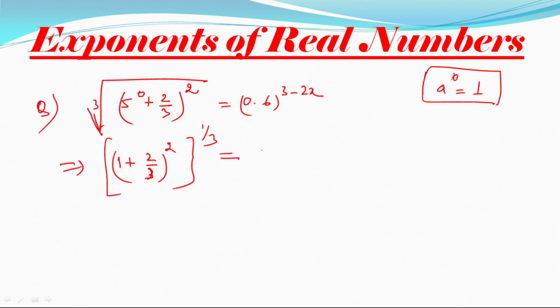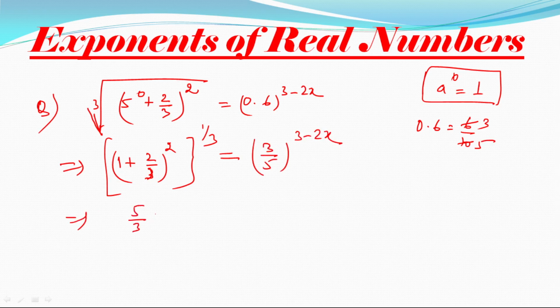So we can write 0.6 as 6 by 10. If we are cancelling it, it will become 3 by 5. So let us make it as 3 by 5 to the power (3 minus 2x). Here it has become 5 by 3, and 2 is multiplied with 1 by 3.